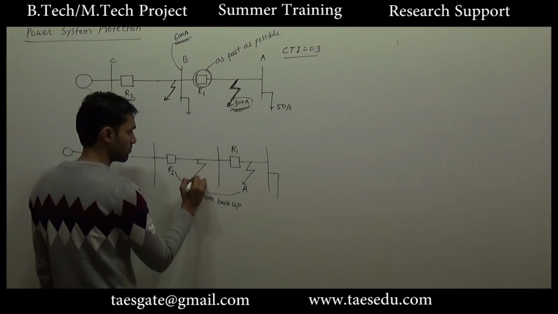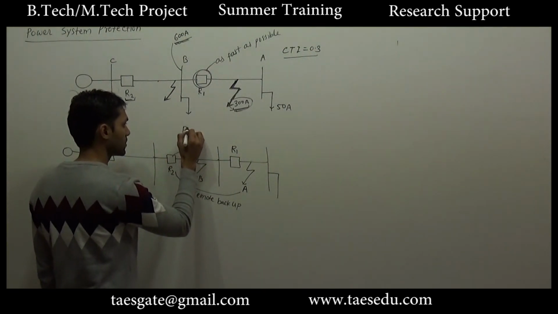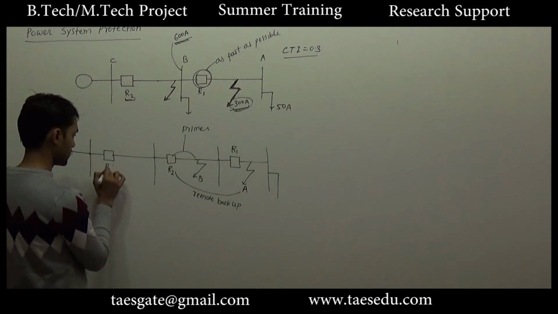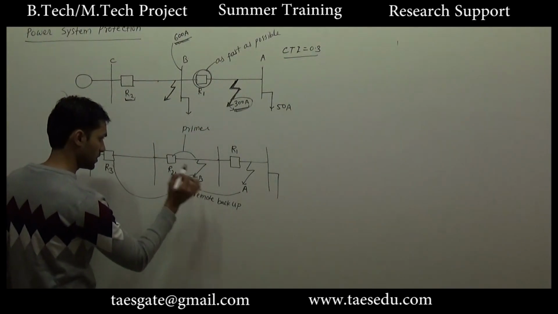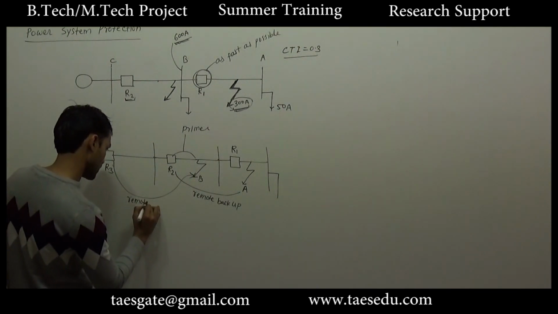Similarly, for a fault at B, R2 will provide primary protection and R3 will provide remote backup protection.